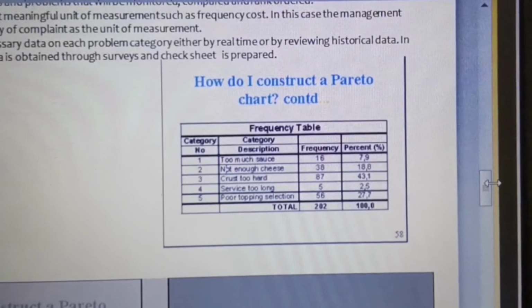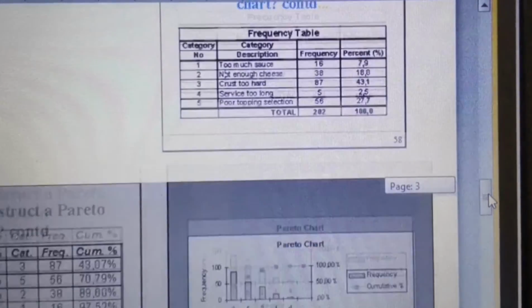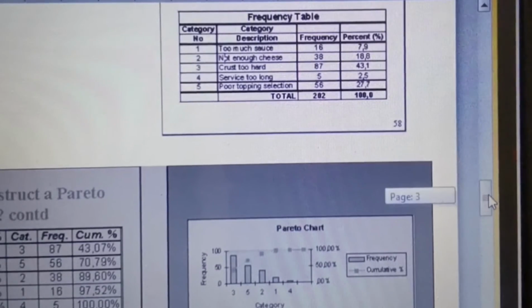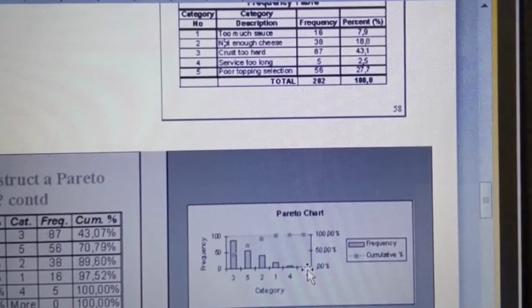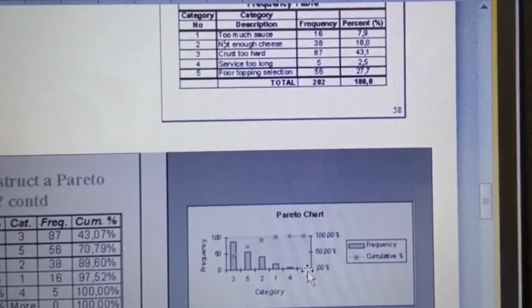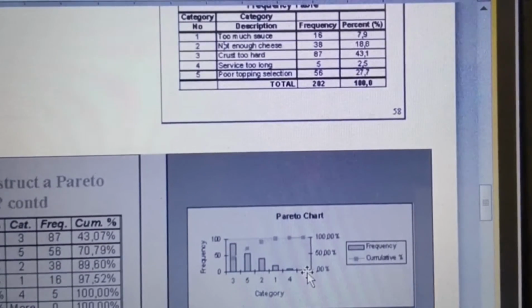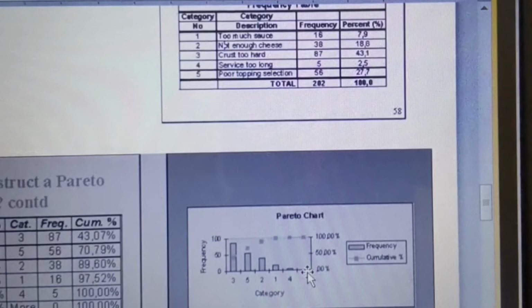So using the frequency and percentage data, you graph it. The difference between the histogram and the Pareto chart is that in the Pareto chart you arrange the bars in descending order, from highest to lowest. Looking at the chart, around 43% of the customers find the crust too hard, and 28% find the topping selection poor.